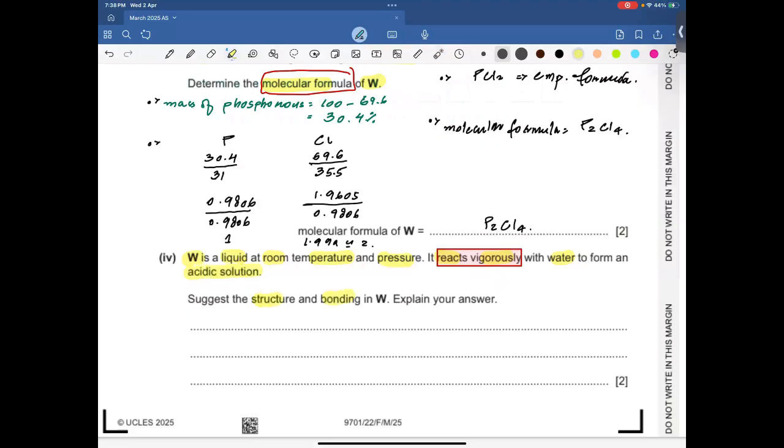Suggest the structure and bonding in W. Obviously, P2Cl4 contains covalent bonding and has a simple molecular structure.